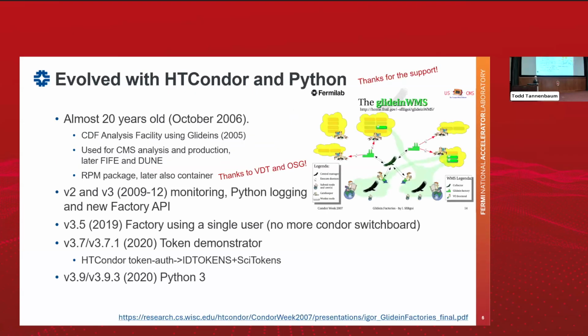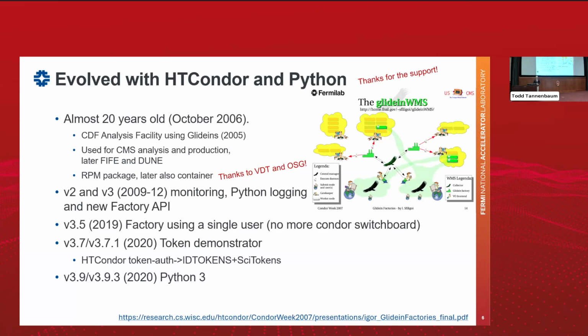A little bit of history, since there was a lot in the previous talks. So actually, we, as a software, have always been very connected to Condor and even to this conference. So the project is almost 20 years old, and actually was presented in 2007, at the Condor Week at the time, right.